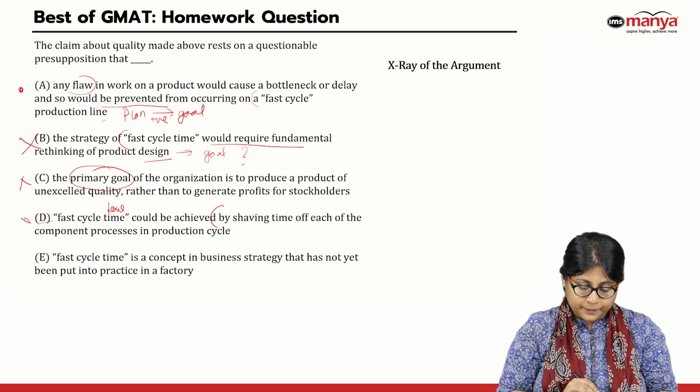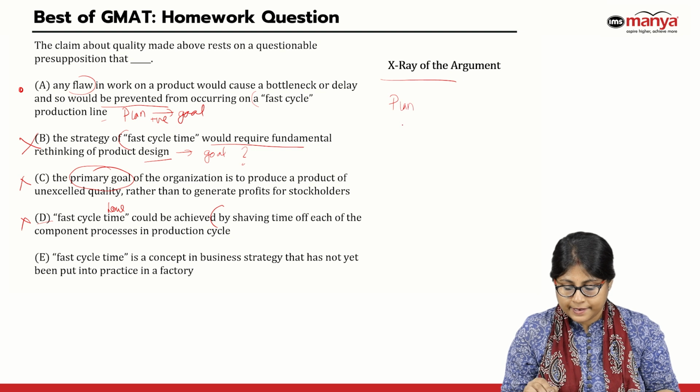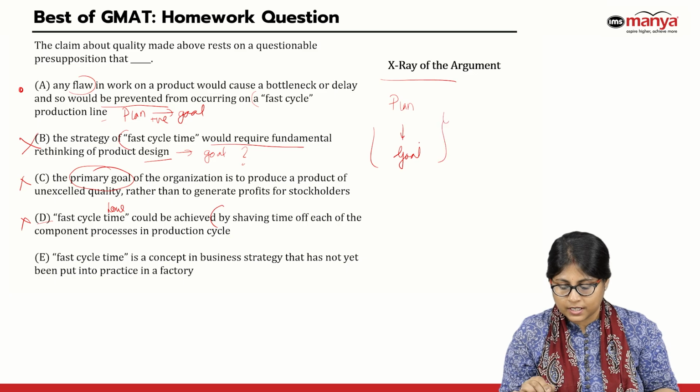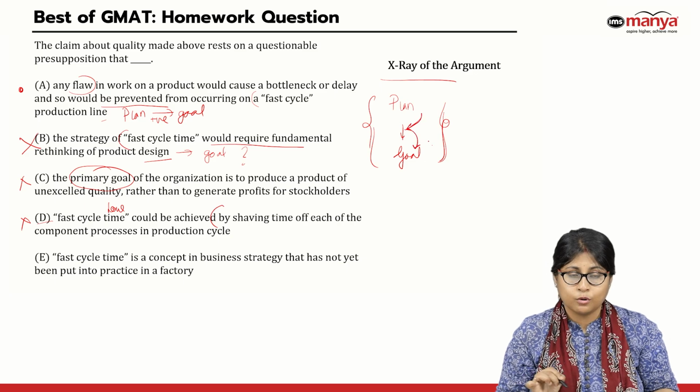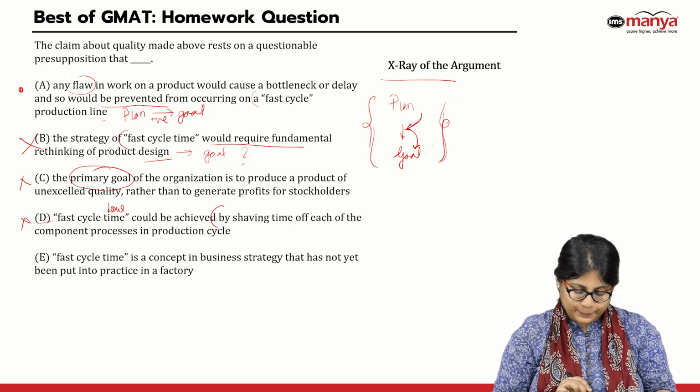Okay, so see, within the X-ray, if you are clear about your plan, your goal, your logic behind the plan, your question is only to keep asking whether this is the statement which will help your plan achieve the goal. That is your assumption. So you keep on checking that through the options.